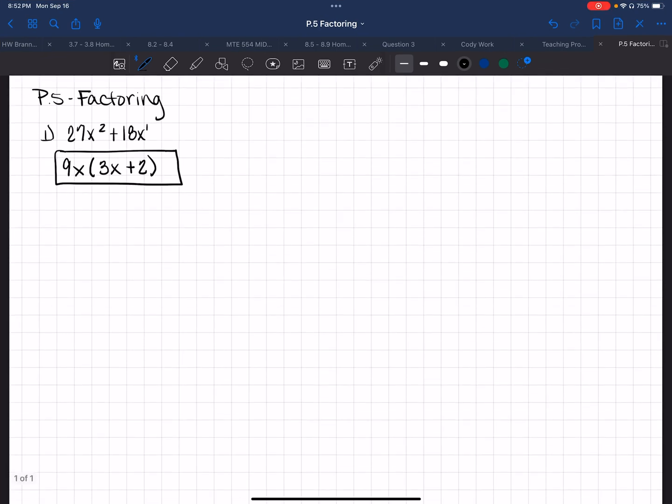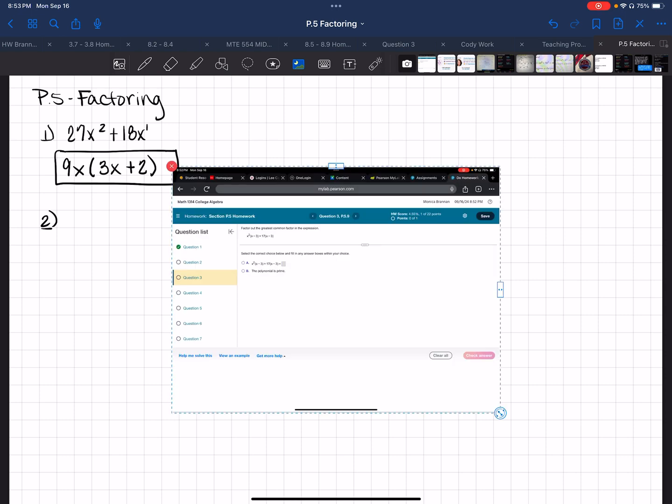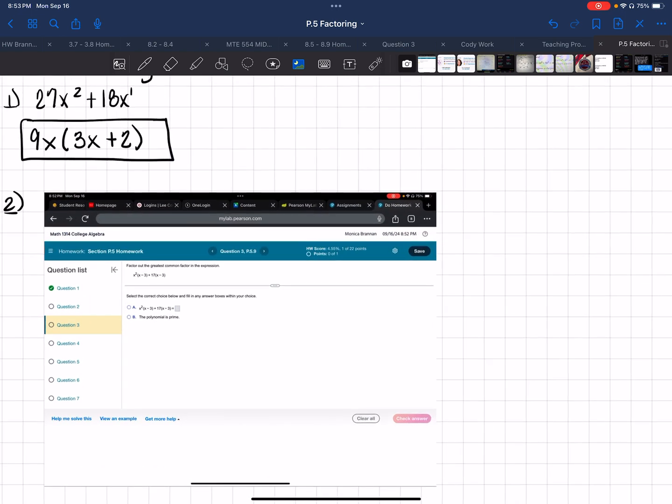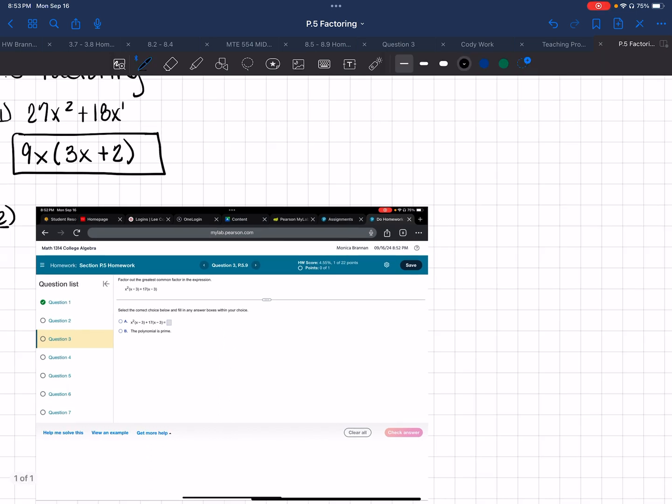And then I have number two. And let's dump number two right there for us. Okay. And we want to select the correct choice, and we have x squared times x minus 3 plus 17 times x minus 3.